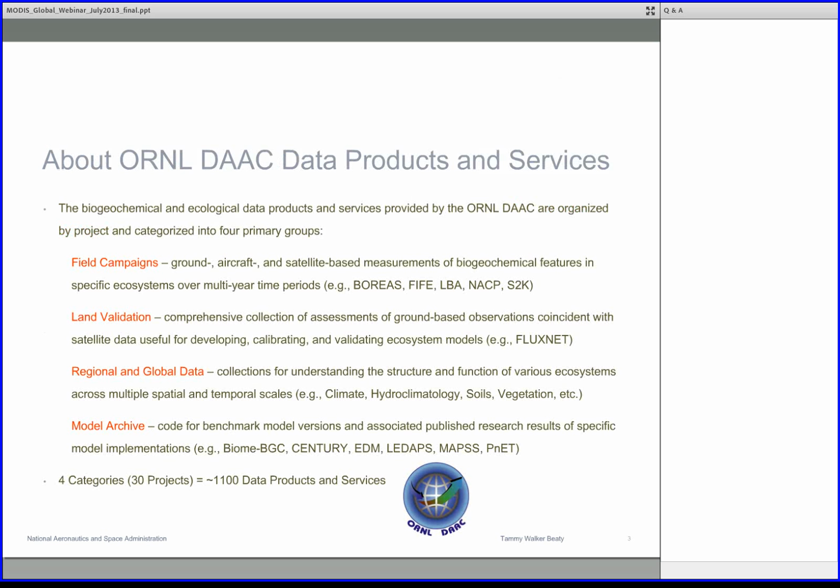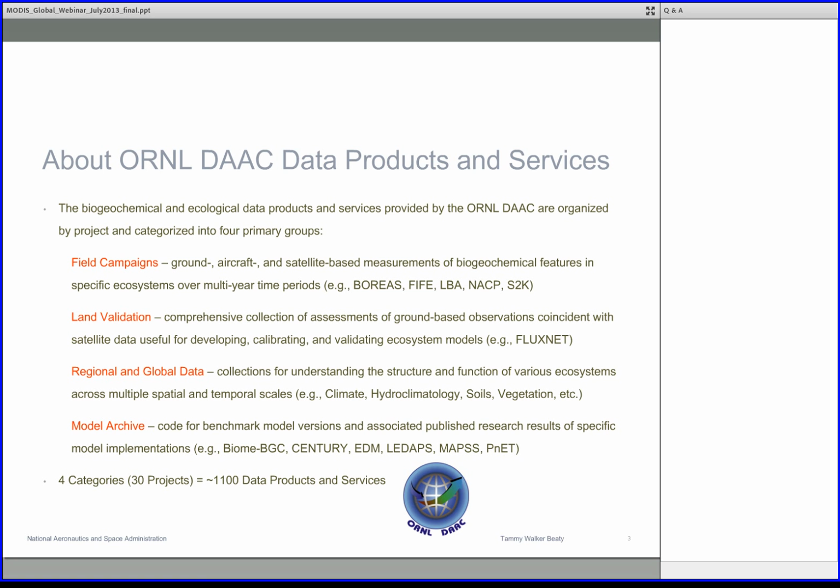Moving on to the next slide, I want to tell you just a little bit about how we organize our data products and services at Oak Ridge DAAC. The biogeochemical and ecological data products and services are organized by project and categorized into 4 primary groups. Those 4 groups are field campaigns, land validation, regional and global data, and model archive.